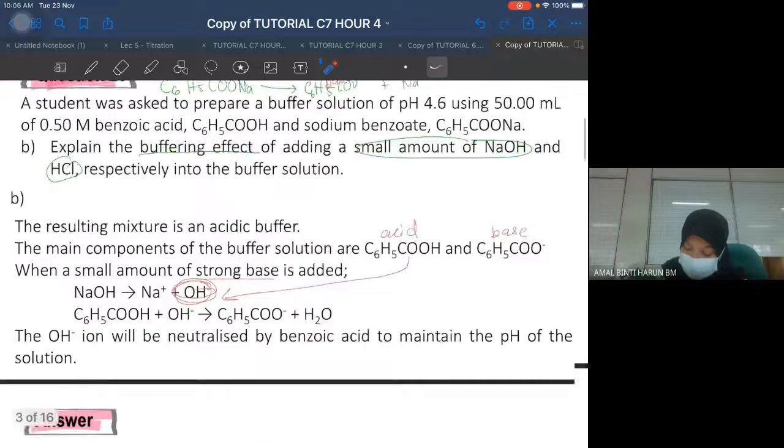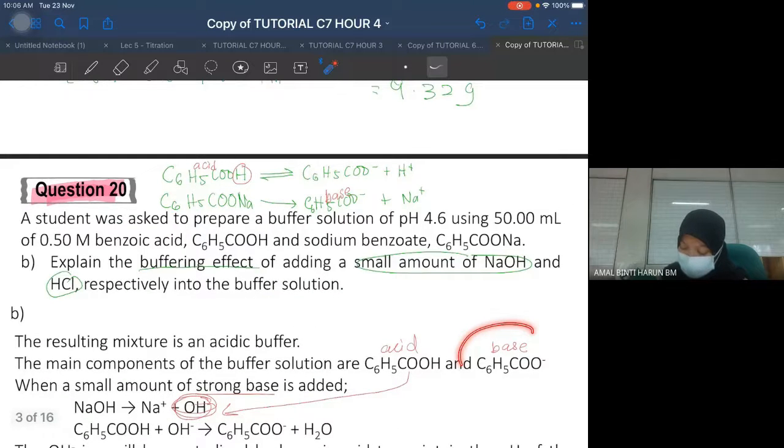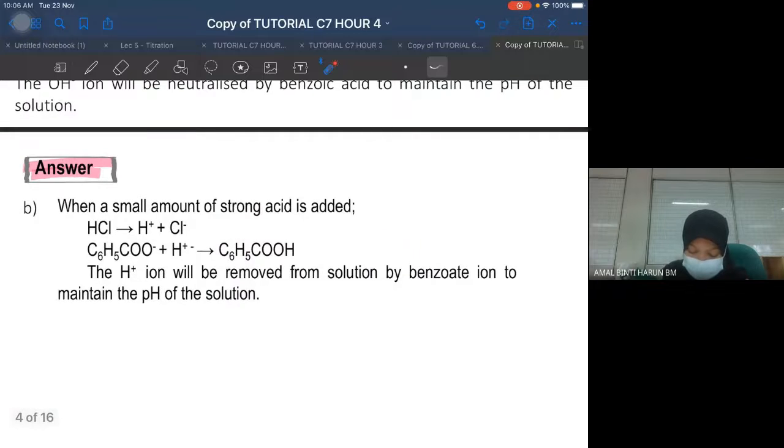Remember, earlier we said the base component is the salt. So the salt component, the negative one, will neutralize this one. How do we know it will neutralize? Because this is negative, this is positive.